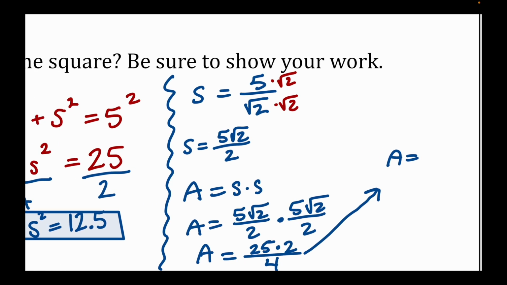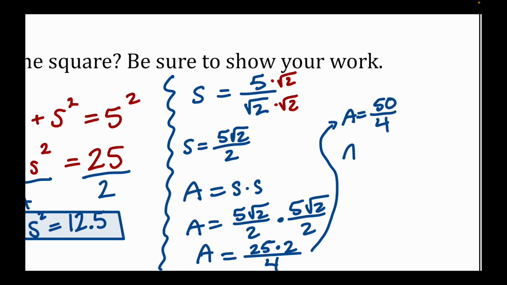or we can just multiply out some numbers here. I have less room than I thought, so I'm going to give myself some more horizontal room. This is going to be, we can just say 50 divided by 4. That's the same thing as 25 divided by 2.